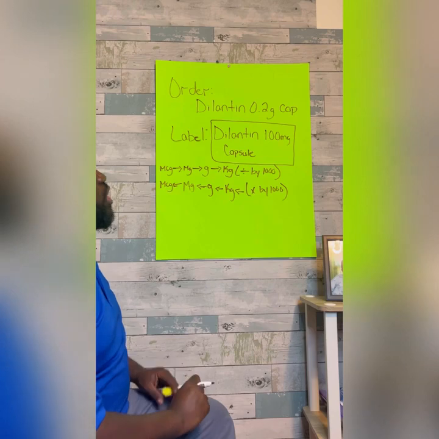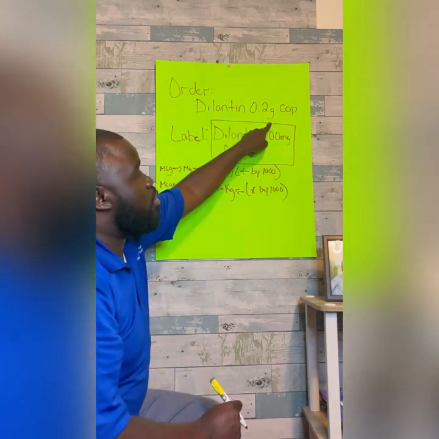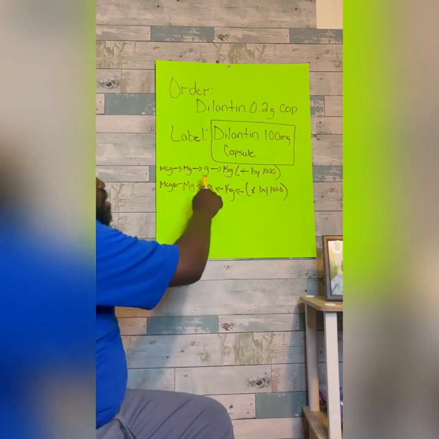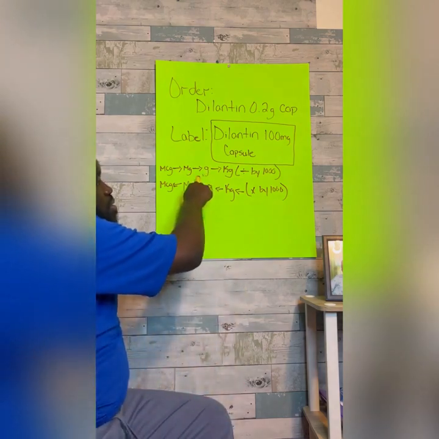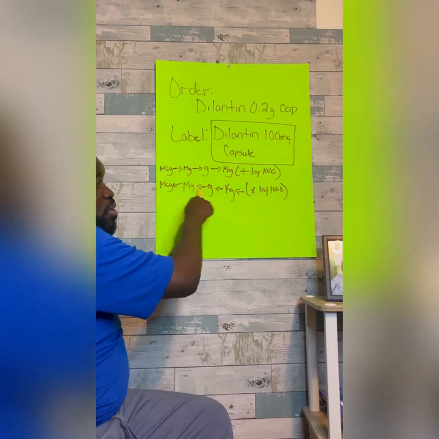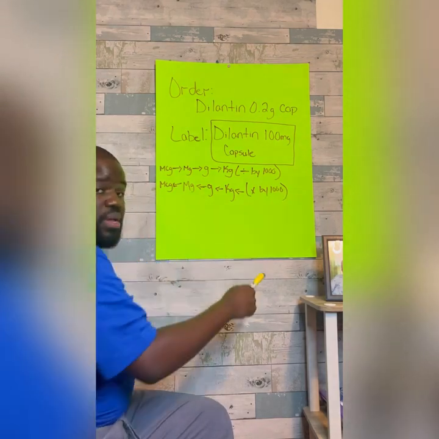So we want to change 0.2 grams to milligrams, okay? So we're going to take our 0.2 grams, go to milligrams. How do we do that? I'm sorry, take our grams and change it to milligrams. How do we do that? We're going to multiply by 1,000, okay?